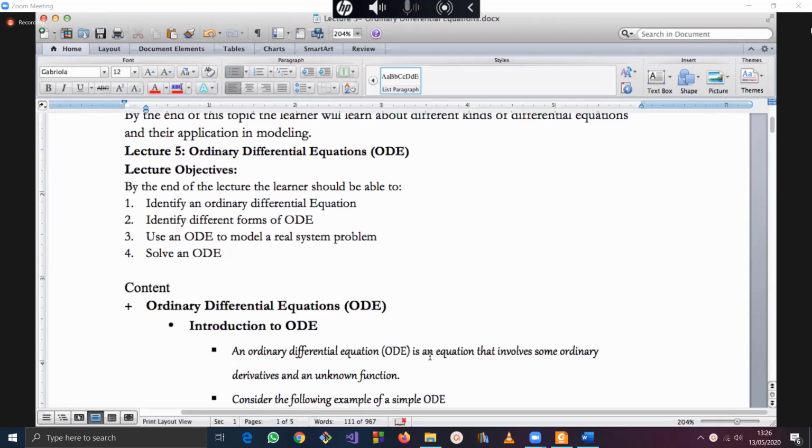This one I won't be too fast. Today I will type some of the equations. You'll see me typing, but in subsequent lectures, you will see me writing, and therefore it will be easier.